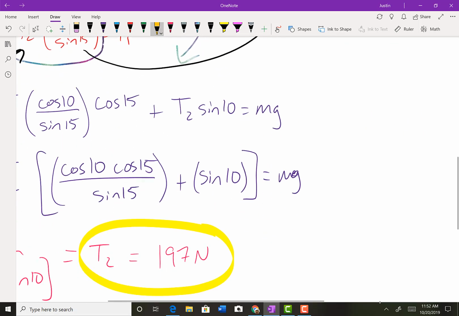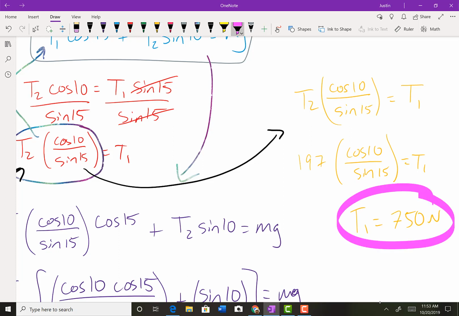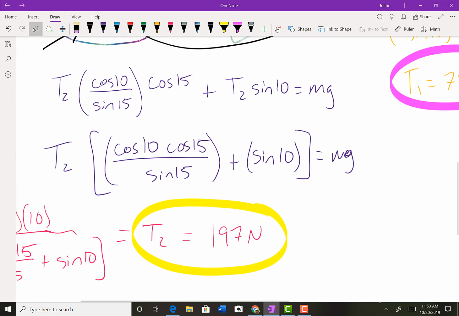And I know T2 now, it's 197. So T1 is going to equal, drum roll, cosine of 10 divided by sine of 15 times 197, 750. Hopefully that's all right. Okay, so yeah, 750 newtons for T1, 197 newtons for T2.